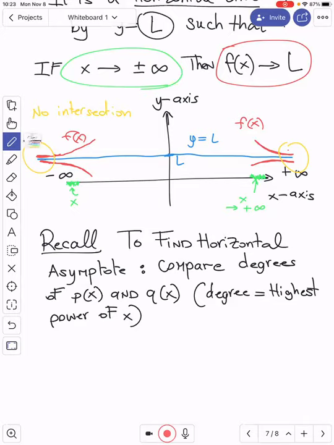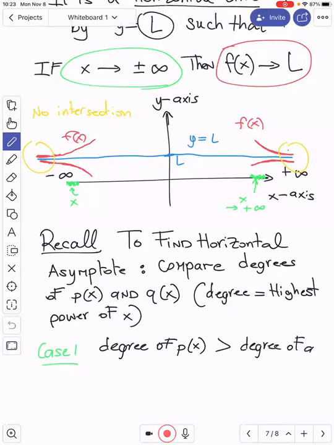So the first case is when, for example, the highest power of X in the top is larger. So case 1: the degree of P, the highest power of X in the top, is larger than the degree of the highest power of X in the bottom. That's the degree of Q, right?